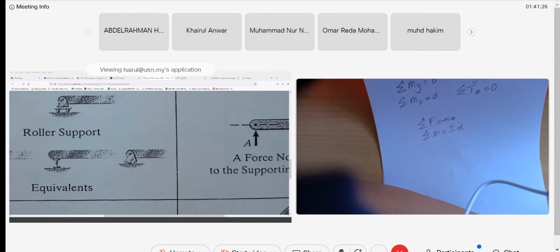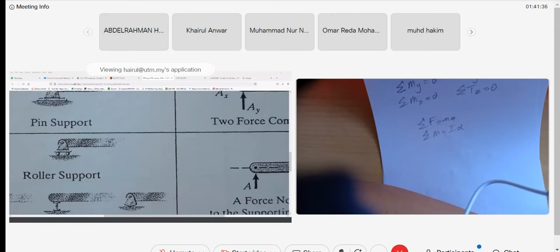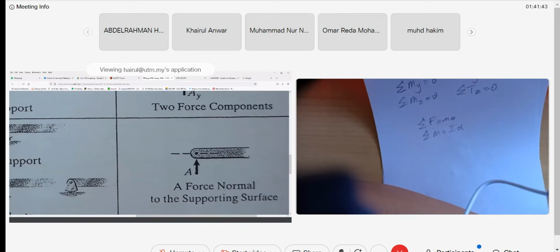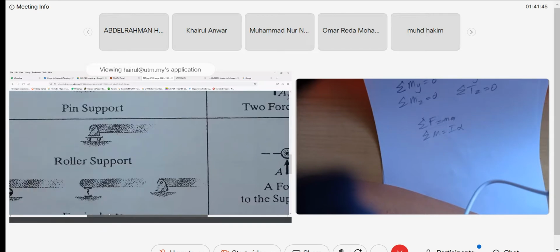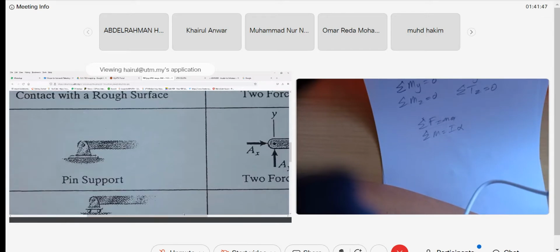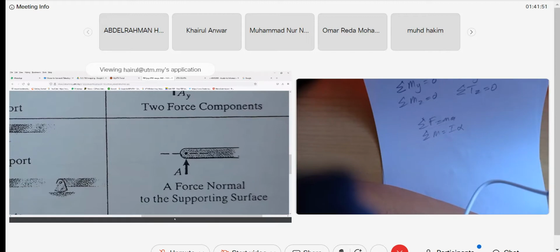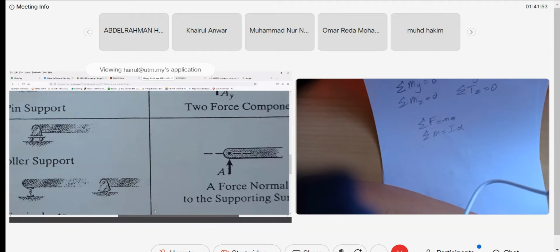They are actually rolling, so this is a normal force. This is not a pin joint, guys, because the reaction from the knee to the ground is one component, only straight up. Even with two rollers here, the total force is just straight up. So its reaction force is just one component. Don't be confused: a roller support is not a pin. A pin support has two components and no moment. A roller support has only one component, depending on the surface. Do you understand, class?